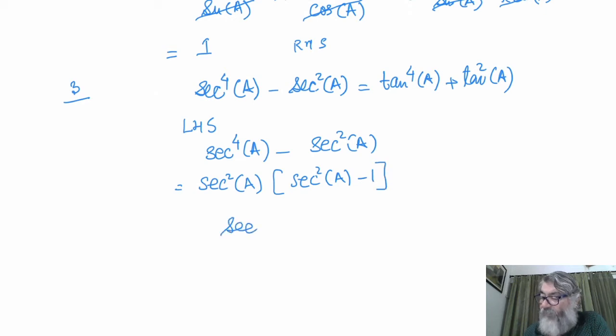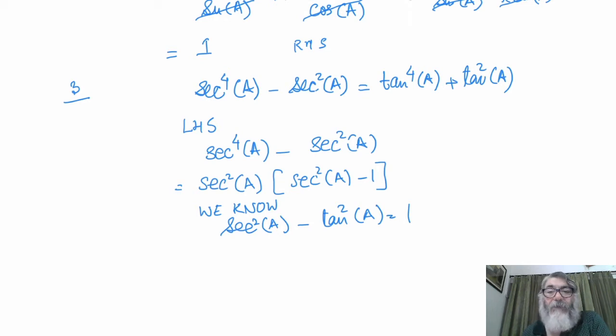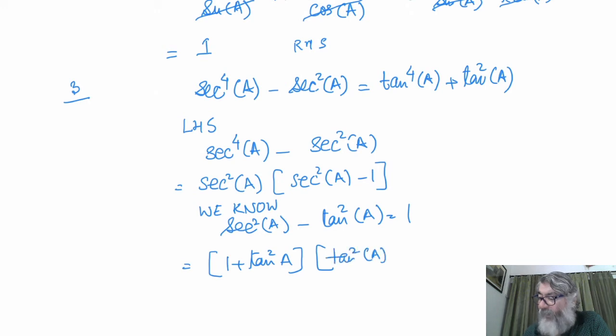Formula is, we know the identity, sec square a minus tan square a is equal to 1. So in place of sec square a, I can replace it with 1 plus tan square a. And sec square a minus 1 can be written as tan square a from the same identity.